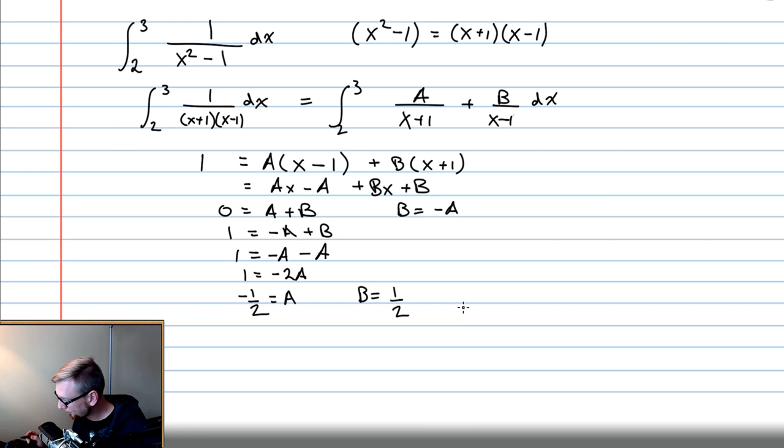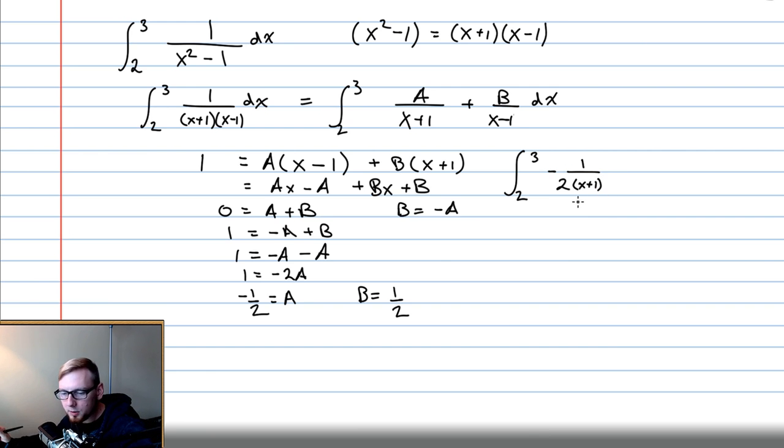Now, what do we do? We've got these values, so this integral, we'll write it over here. Should have moved that over a bit, but whatever. Integral from 2 to 3, a, which is minus 1/2. I'm going to write a minus 1 over 2 times x plus 1.